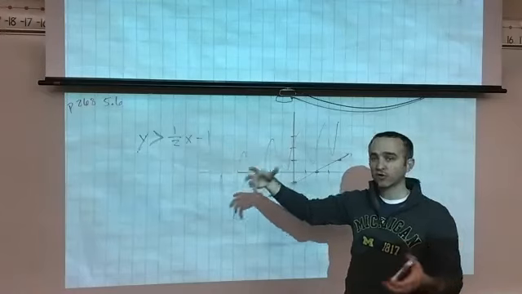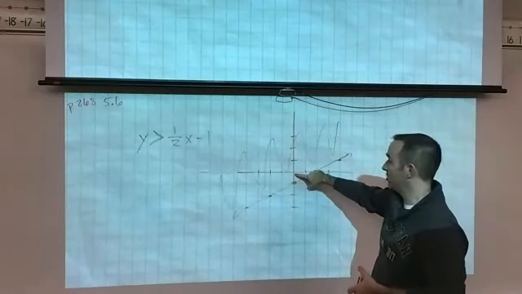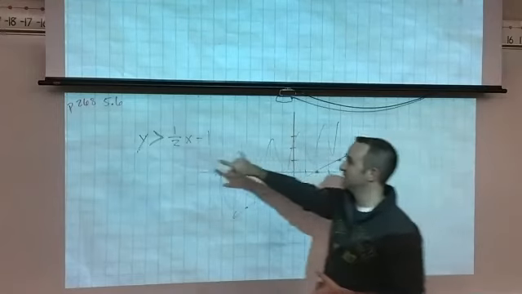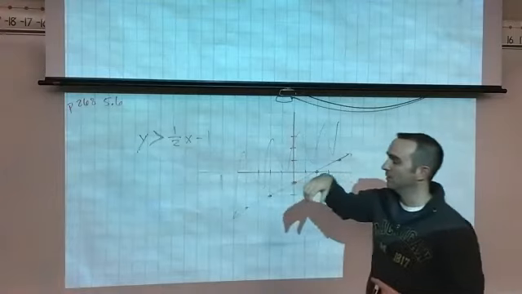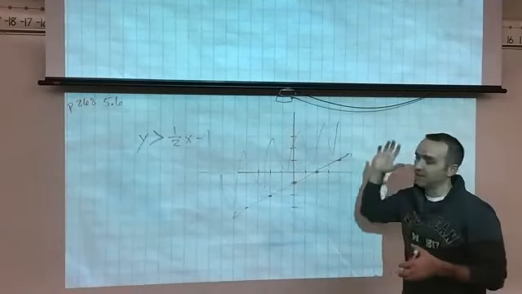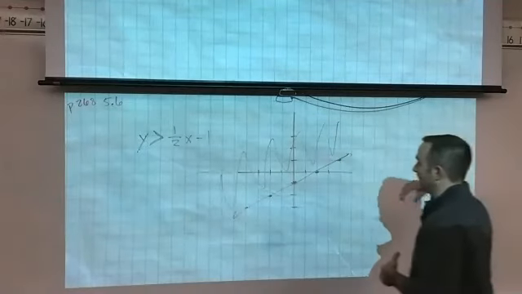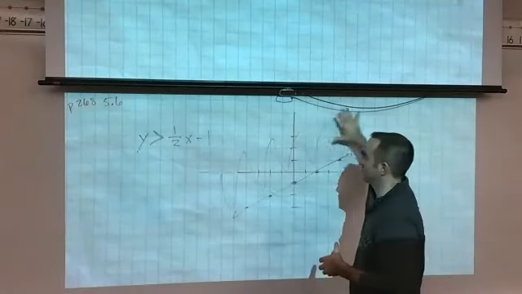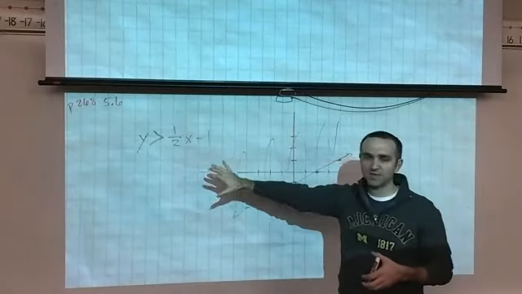That way we know for sure that we shaded the right way. 0, 0 is shaded, 0, 0 is above. So if I plug in a 0 and a 0, I end up with 0 is greater than -1. That's true. That tells me that I shaded the right way. So all of these are solutions. That's why we have to shade and not put dots, because all of them are solutions. Everything up there.